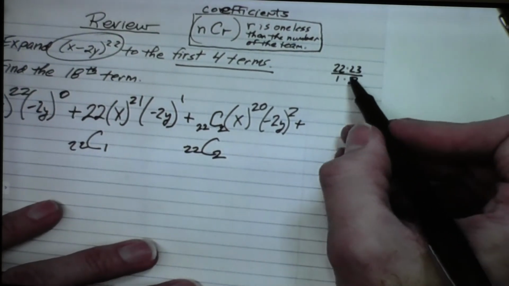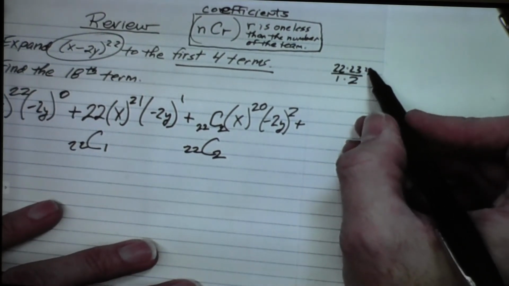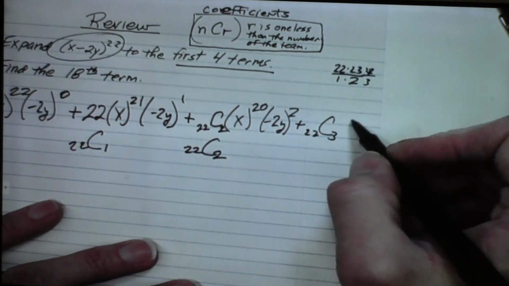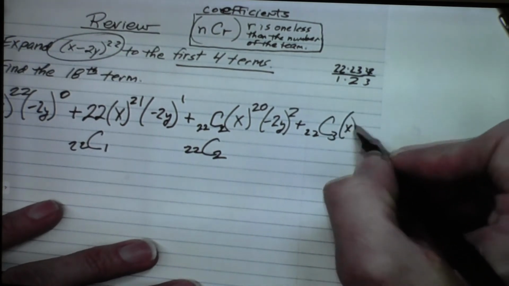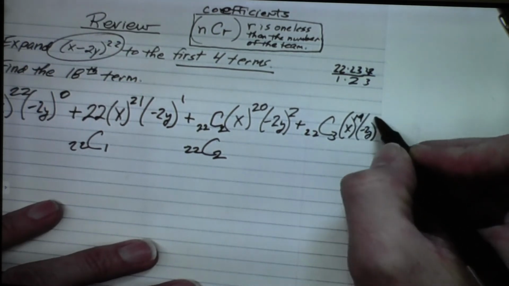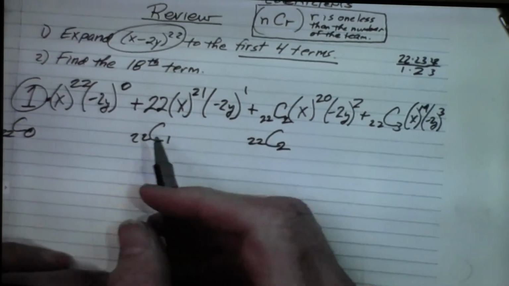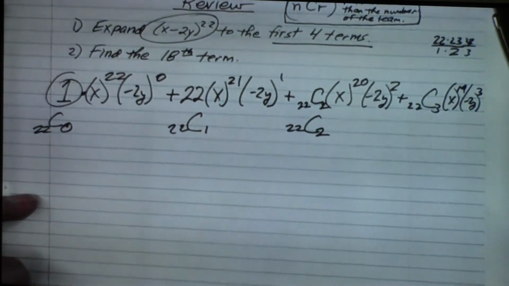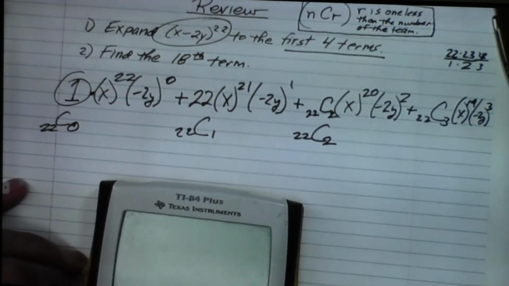So instead of doing this out, where it would be then 22 and 3, I would do 22C3, x to the 19th, (-2y) to the third. And then we would calculate it where this is 1, okay, 22, and this is where you see 22.